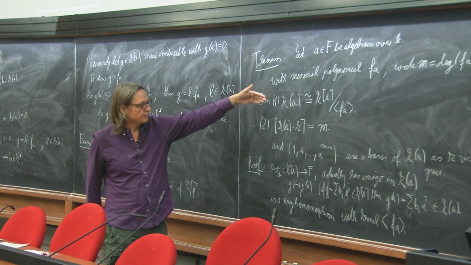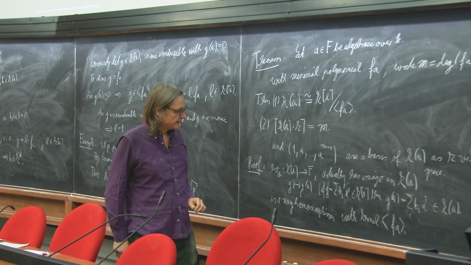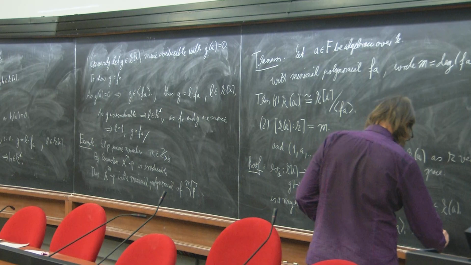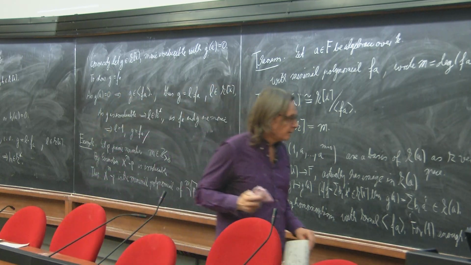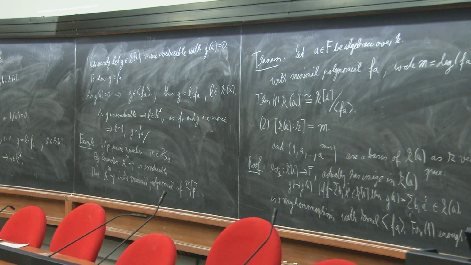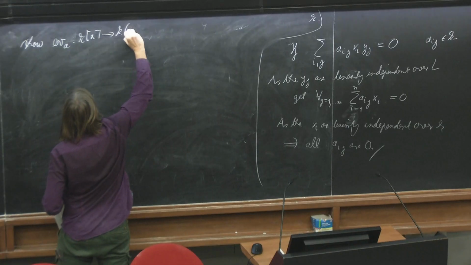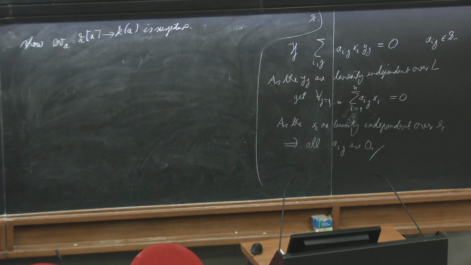So in order to prove this isomorphism, it's enough to show that the map from Kx to Ka is actually surjective, because then the homomorphism theorem says that Ka is isomorphic to this.